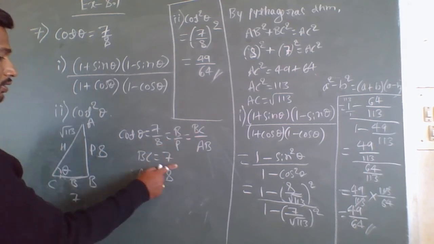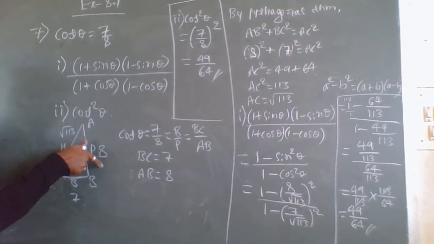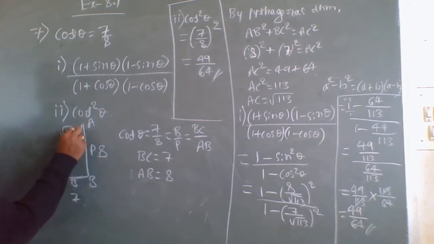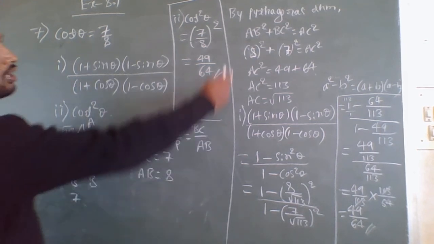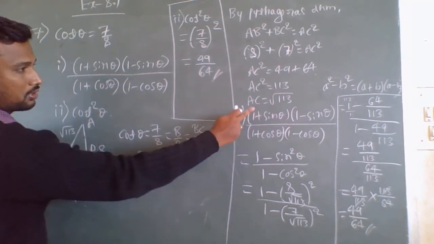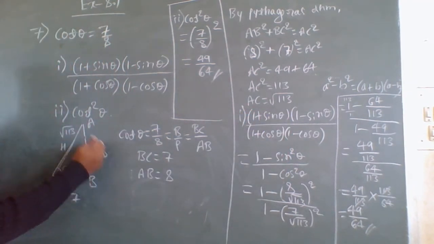So BC equals 7, AB equals 8, because cot theta is equal to BC by AB. Therefore BC length is 7, AB length is 8. Now we will calculate the length of the hypotenuse by using the Pythagoras theorem. So the length of hypotenuse AC is square root of 113.